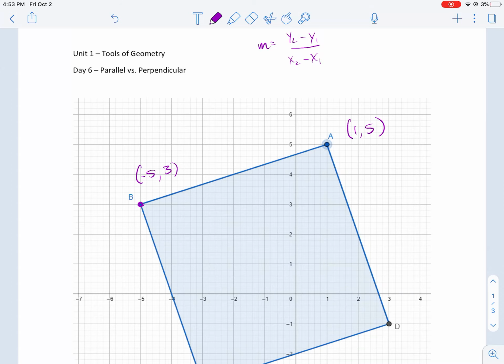I'm going to make this point x1, y1, and this one x2, y2. And finally, plug this stuff in. So y2 minus y1 over x2 minus x1: 5 minus 2 is 3, 1 plus 5 is 6, and our answer is 1/3.